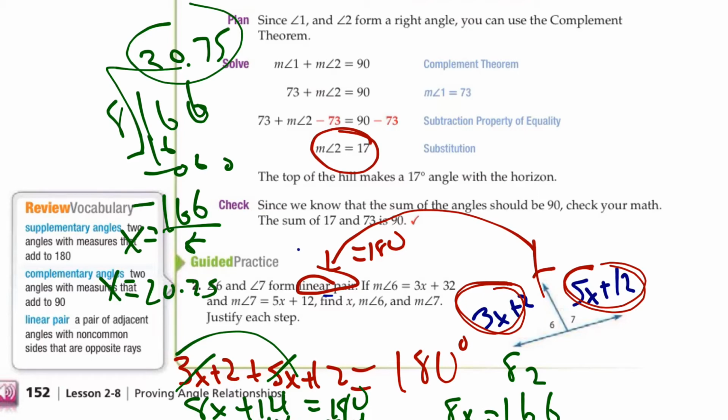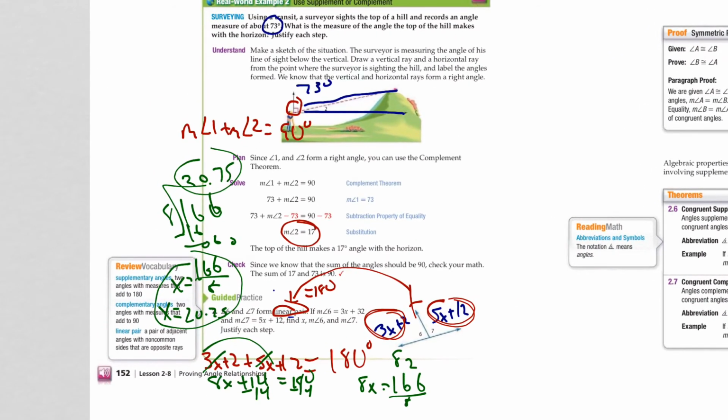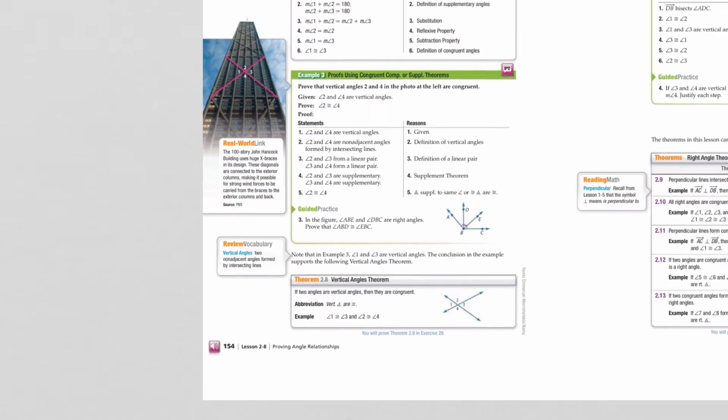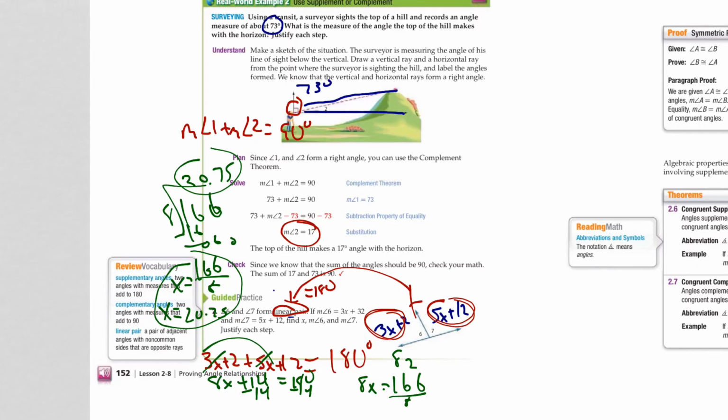If you want to leave it as a fraction, that is okay too. I don't have a problem with that. Alright? Very straightforward, guys. Very straightforward.